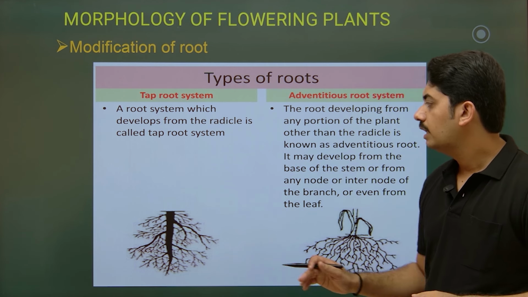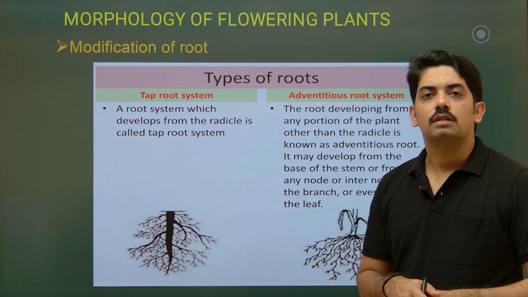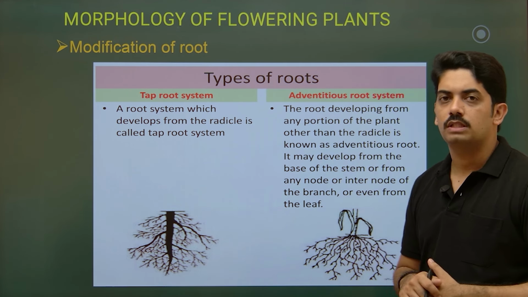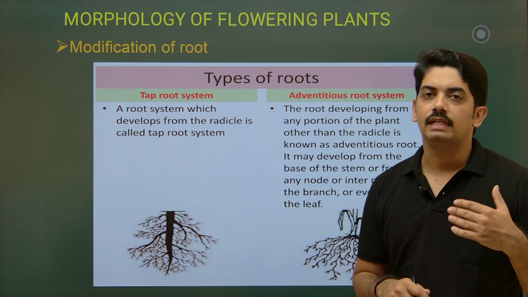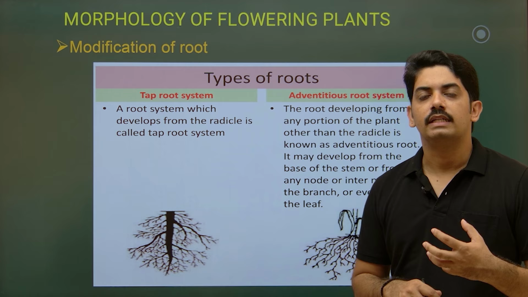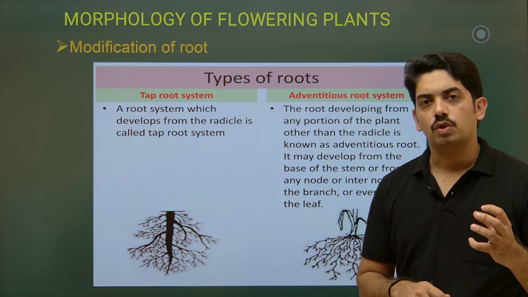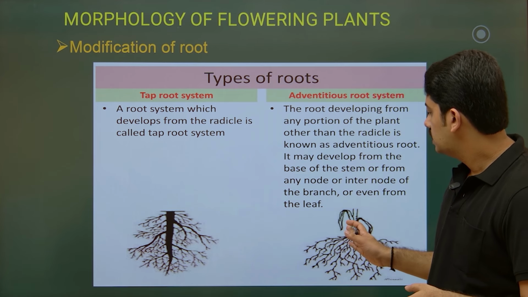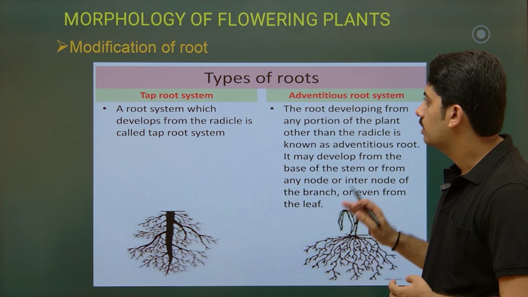And one more thing, taproot systems usually originate from the radicle, but in fibrous root system, initial roots originate from the radicle, but later this root will disappear and give rise to adventitious roots which usually grow on the stem, lower part of the stem. So this is commonly observed in monocots, and that is commonly observed in dicots.